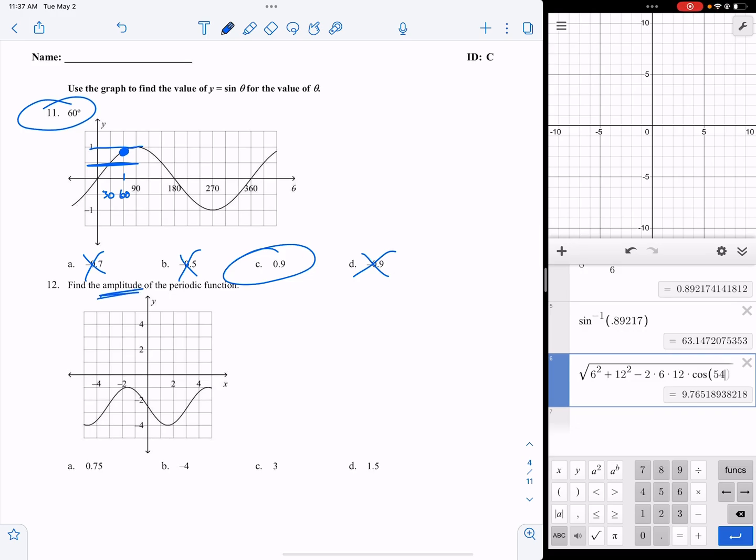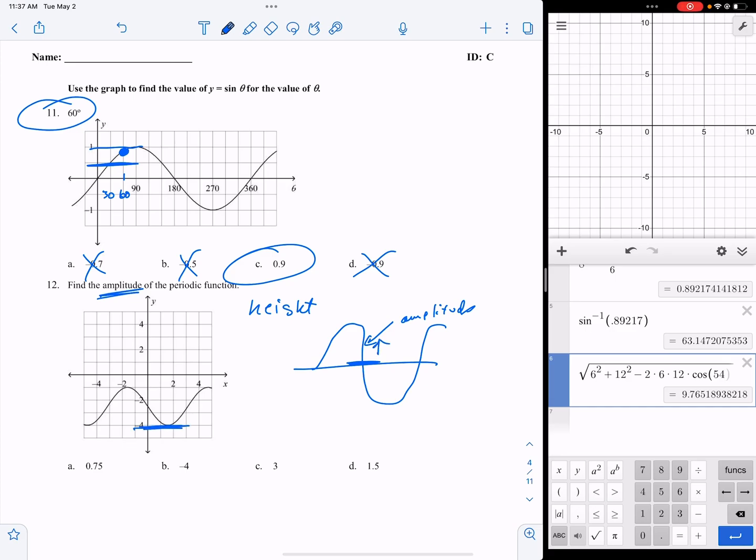The amplitude is kind of like the height. If this is the middle, if it goes up and down and up, the amplitude is just from the middle up or the middle down. Those numbers will be equal.